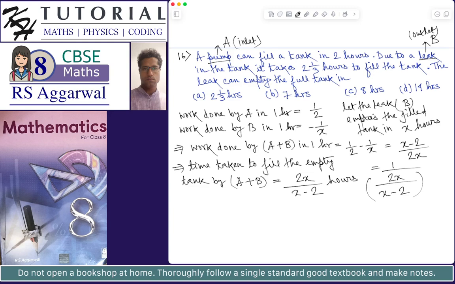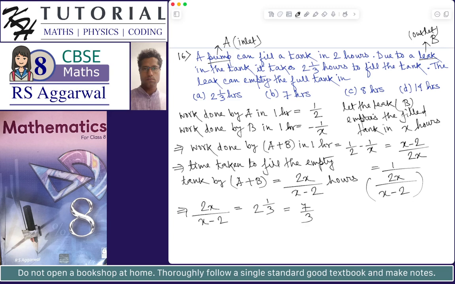It is already given in the problem that due to a leak in the tank, it takes 2 and 1 by 3 hours to fill the tank. So we can say that 2x by (x minus 2) must be equal to 2 and 1 by 3, and 2 and 1 by 3 is 7 by 3.